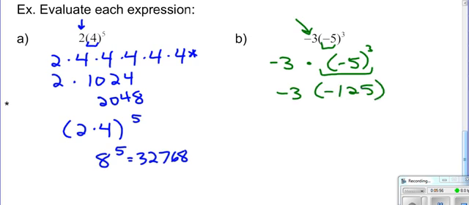I know that it's negative because the base is negative and we have an odd exponent. Negative 3 times negative 125 gives us a positive 375. And again, positive 15 to the power of 3. If I multiply first, positive 15 to the power of 3 does not have the same value.